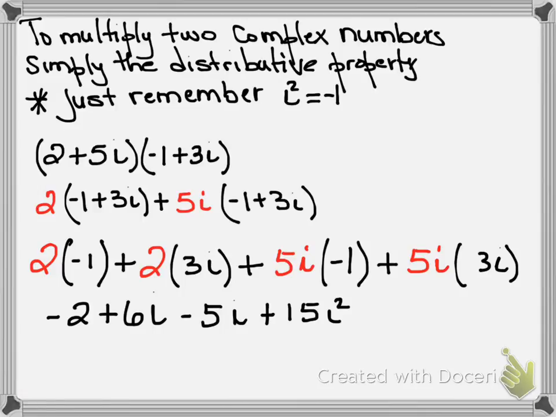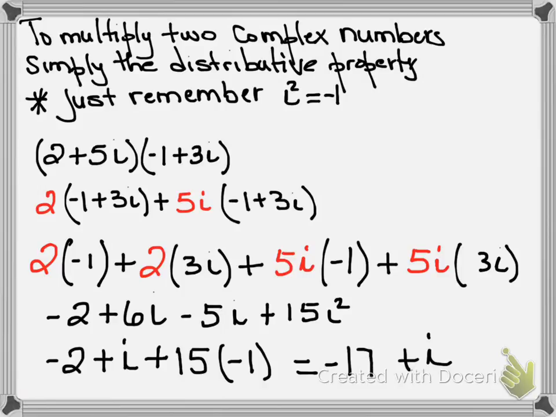Remember, the idea is to take the i squared and replace it by -1. As a result, we obtain -2 plus i plus 15 times -1. Combine like terms: the constants are -15 and -2, and we obtain -17 plus i.